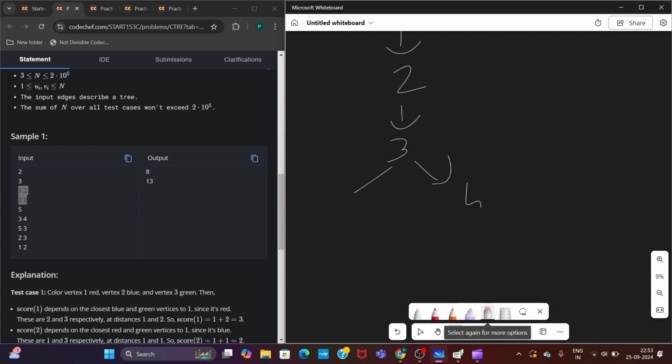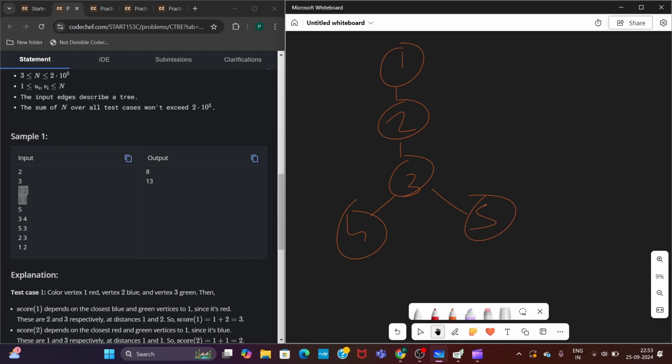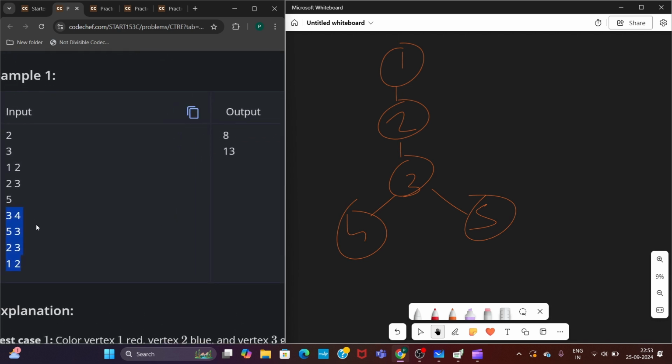Let's remove these arrows over here, it is creating some confusion. So this is 1, then 1 to 2, then 2 to 3, then 3 to 4, and then 5 to 3. This will be our tree in this example.